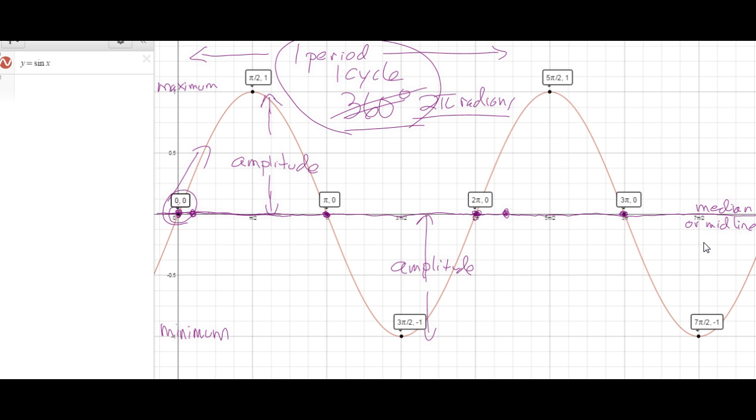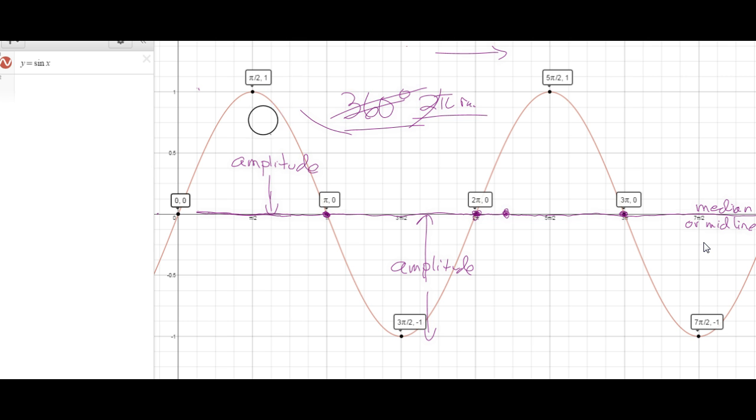Okay, here's what we're going to do now. We're going to clean off any of the writing. Wow, that's kind of slow.